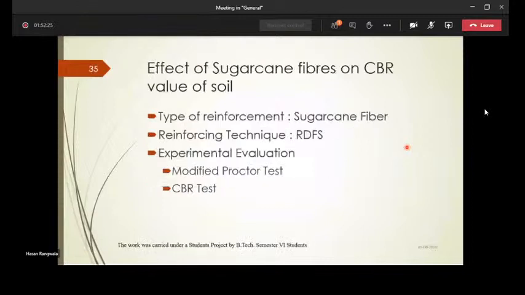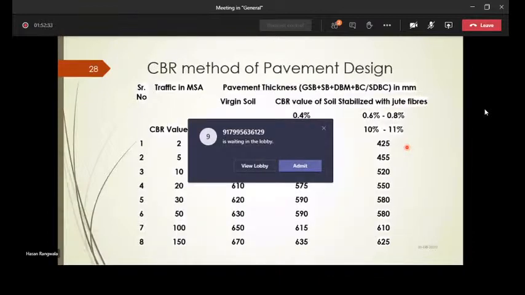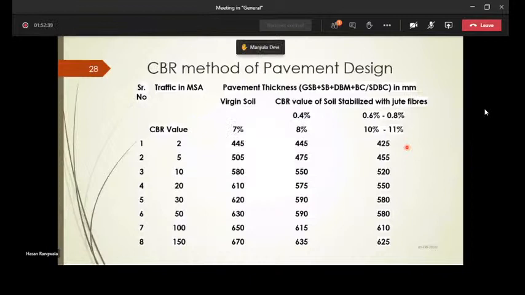I think you should go for IRC 37. For minimum traffic, your CBR value would depend on what your traffic is. So I guess we should refer to IRC 37 for that.